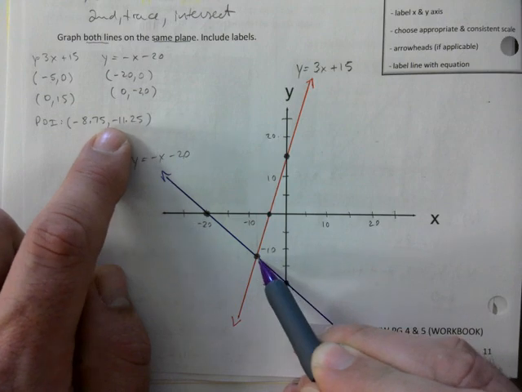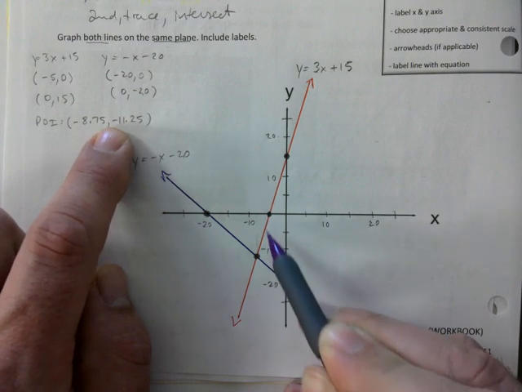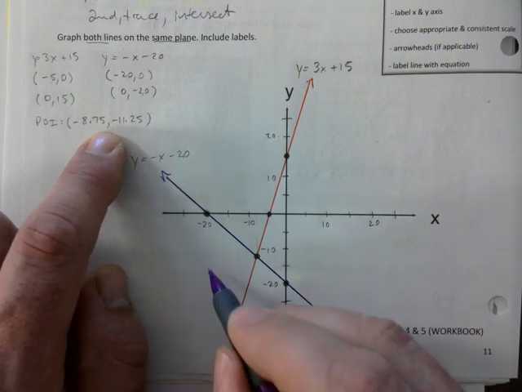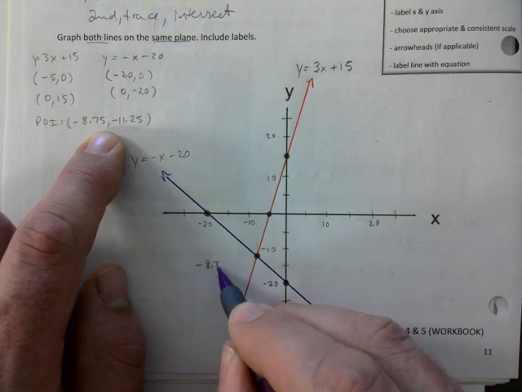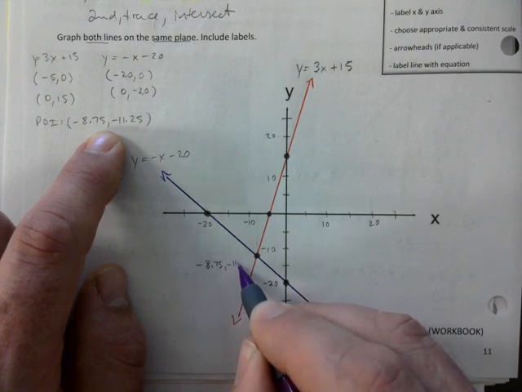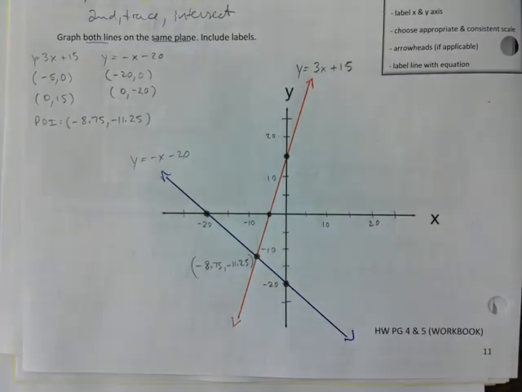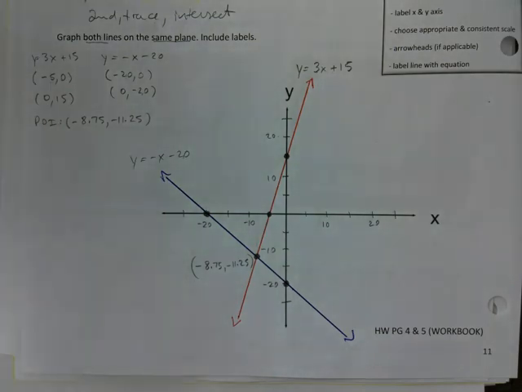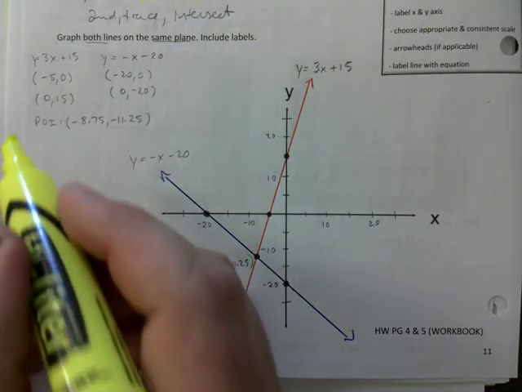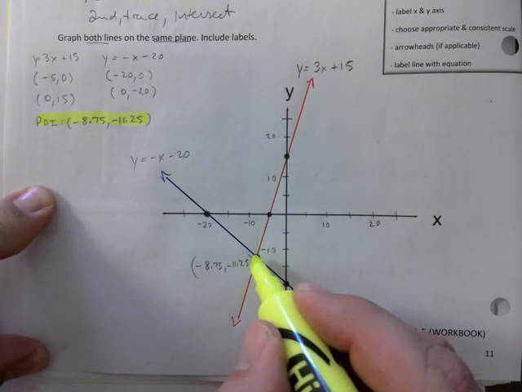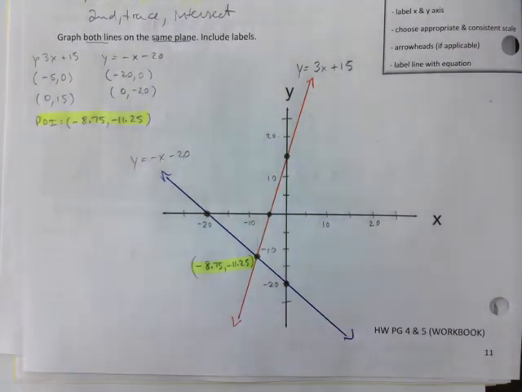Negative 11.25, so it's approximately where we want it. Okay, so negative 8.75, negative 11.25. That's the only one that I would like you to label there today. That's my point of intersection. The POI is right here.